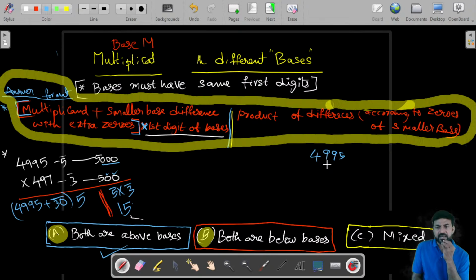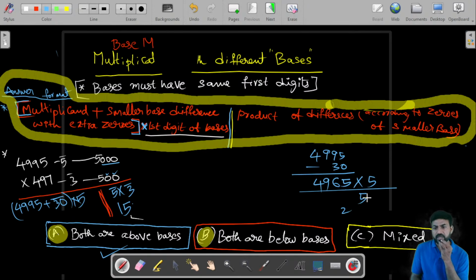4995 plus 30, meaning this 30 is negative, bar 30. So subtract 30 from that. 5 minus 0 is 5, 9 minus 3 is 6, 9, 4. So 4965 into 5 multiplication. You should not forget the first digit of base; you have to multiply by the first digit of base. 5 fives are 25, 5 here, 2 carry over. 5 sixes are 30 plus 2, 32, 2 here, 3 carry over. 5 nines are 45 plus 3, 48, 8, 4 carry over. 5 fours are 20 plus 4, 24.